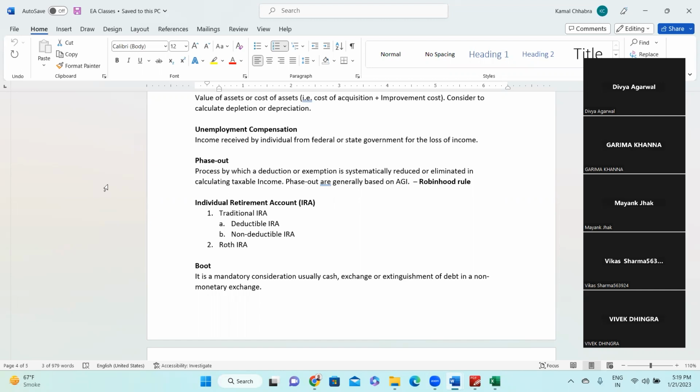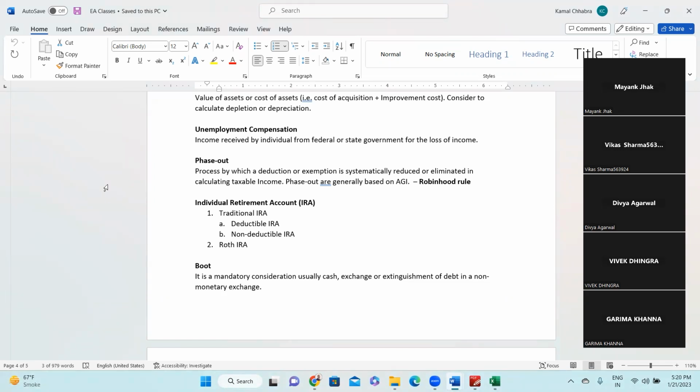Mayank, you also shared something that day about the Robin Hood rule. I remember, like giving the benefit of something. Yeah, Vivek, Sachin. No idea? Taking away from the richer and giving to the poor.